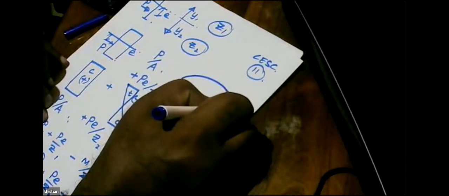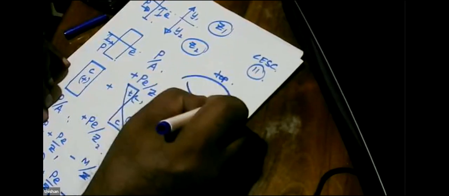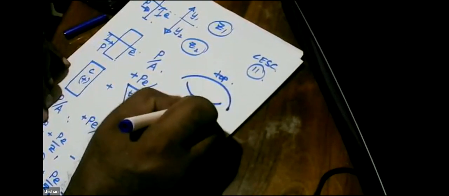So when you apply a load, it can fail this way in the top fiber, or it can fail that way in the bottom fiber. So if you apply a minimum moment, then this is this situation.